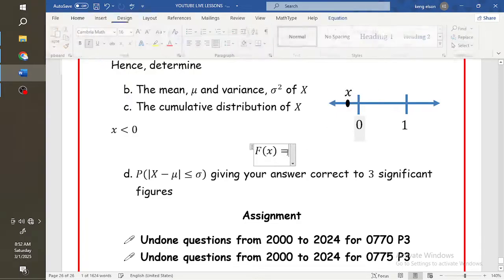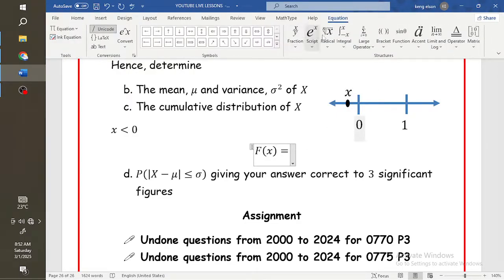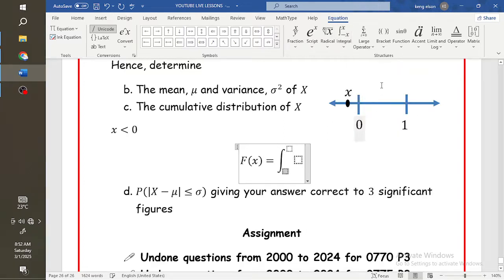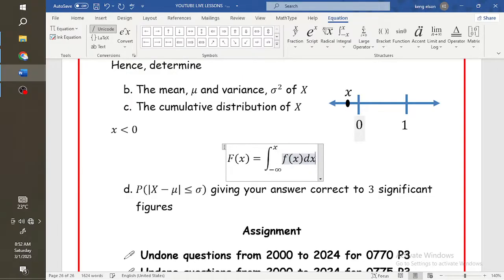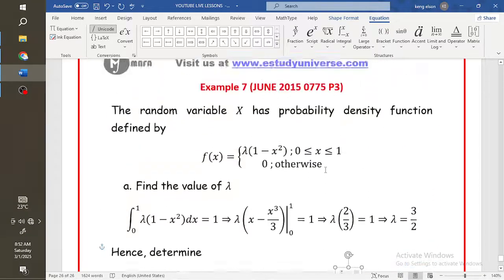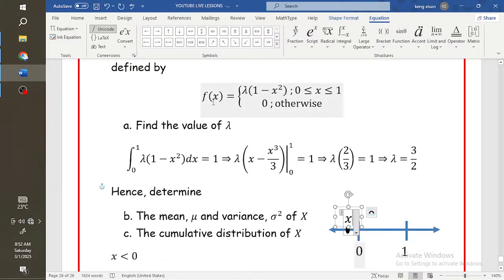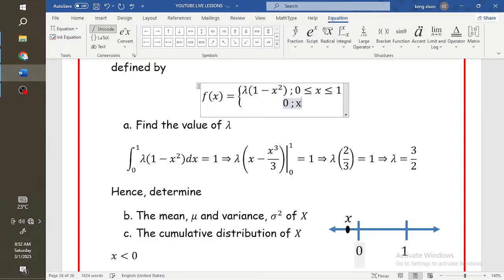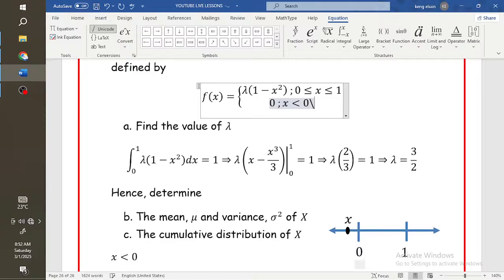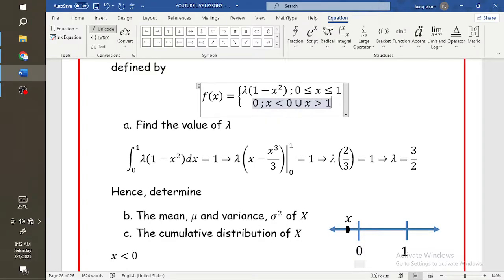What I do is integrate from the lower bound of that interval to x, so from minus infinity right up to x, of my small f of x dx. So that's what I do: the integral from minus infinity to this x of f of x. But we know that according to the definition of my f of x, when they say otherwise, it means that x is less than 0 or x is greater than 1.